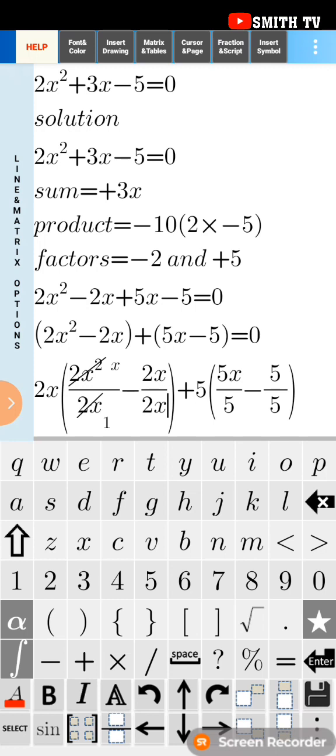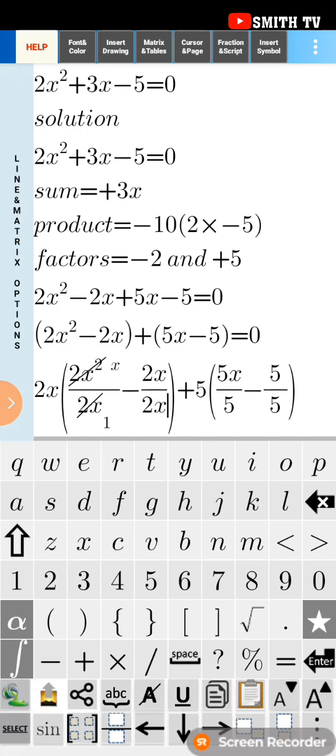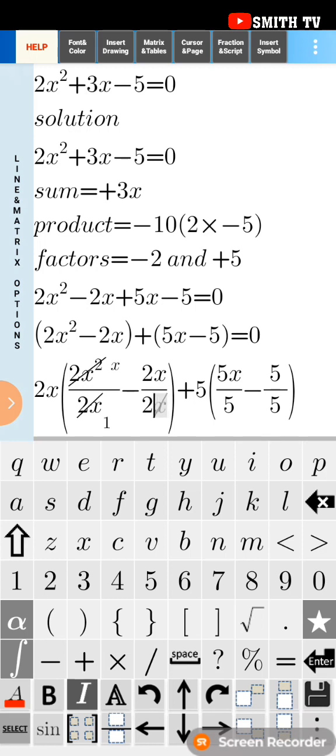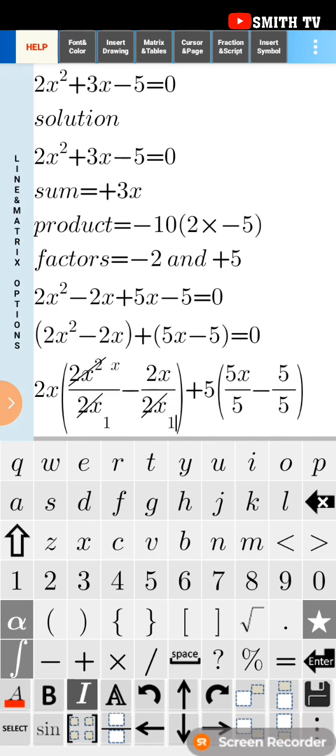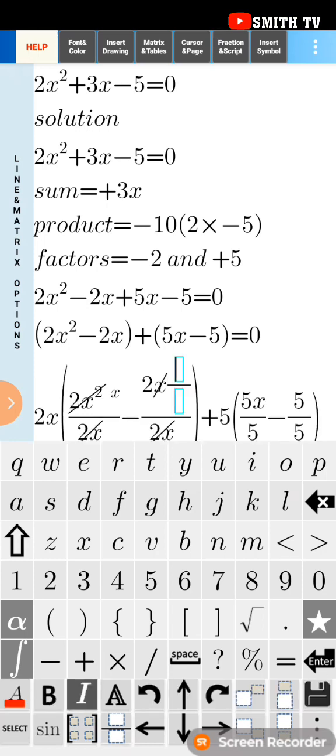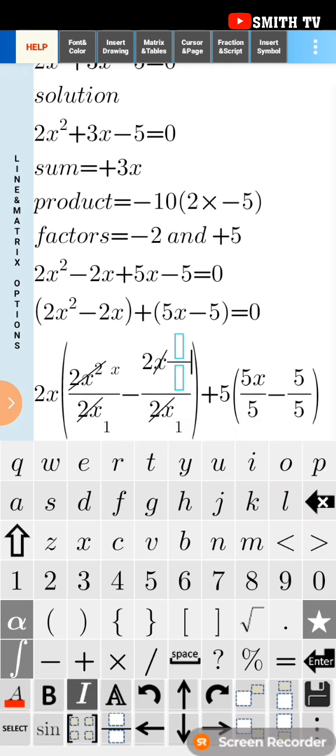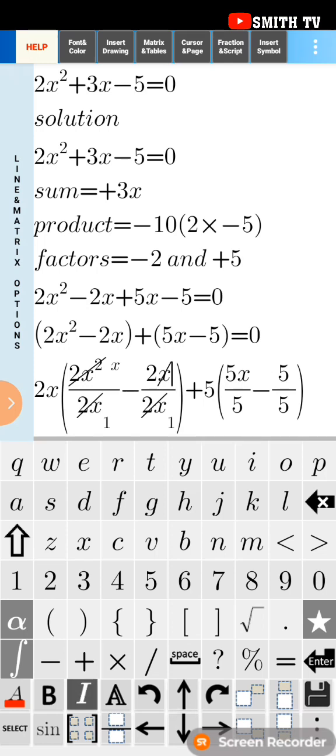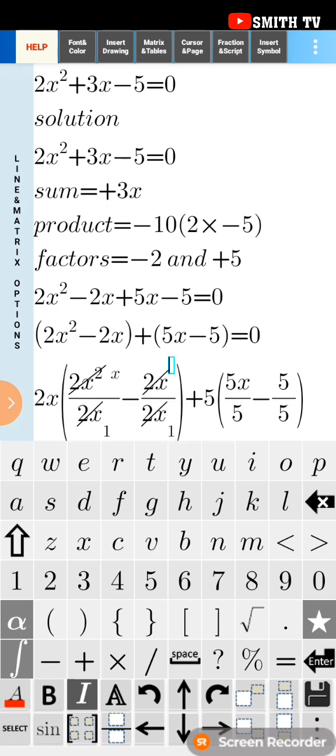Now come here also, divide 2x by 2x. 2x here will give me 1.